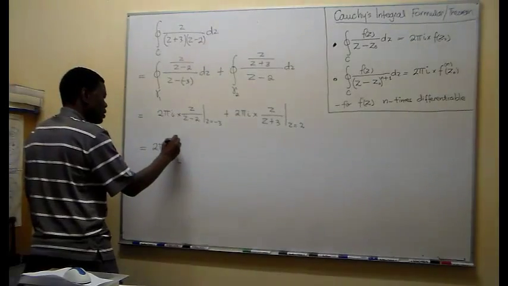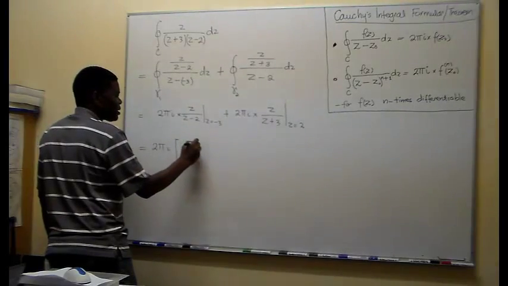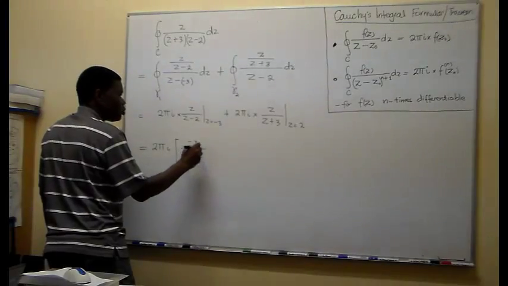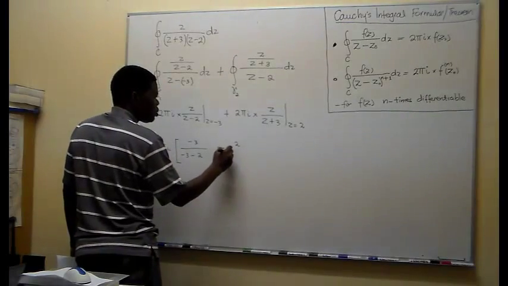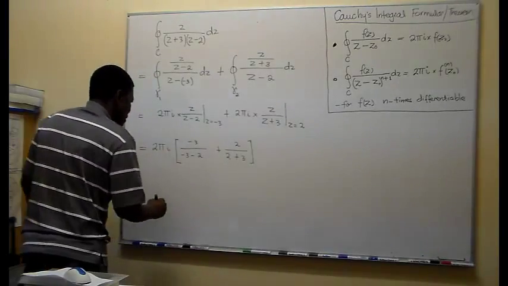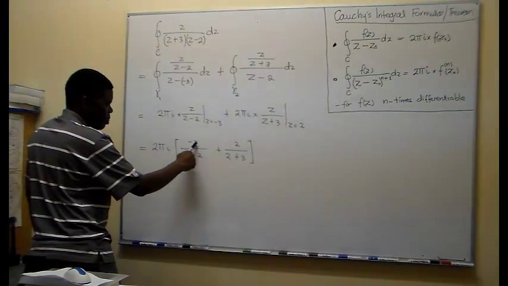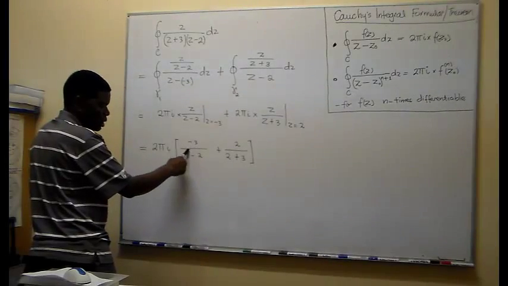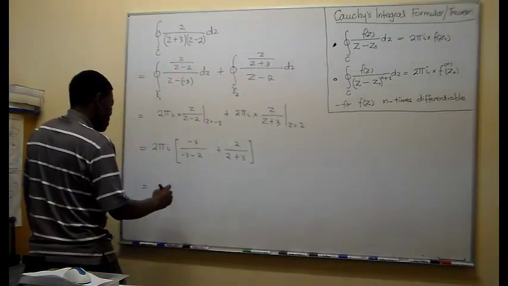And then inside here, I'm going to evaluate minus 3 over minus 3 minus 2, plus 2 over 2 plus 3. This is going to be 3 over 5, because this is negative over negative, 3 over 5, and then we're going to have 2 over 5.